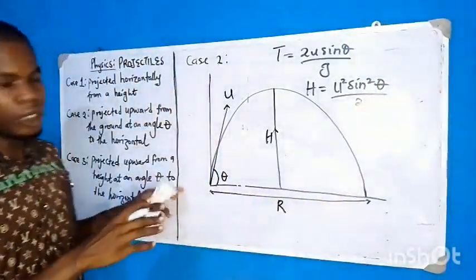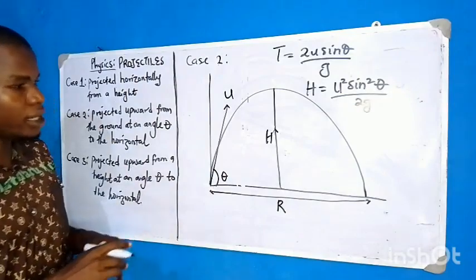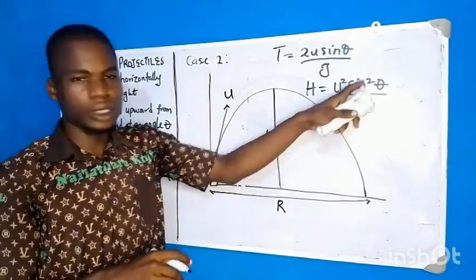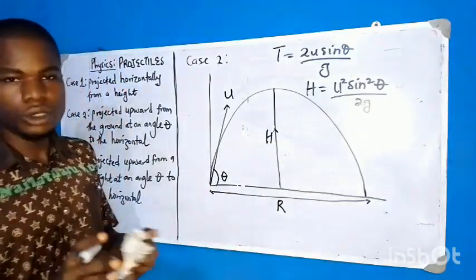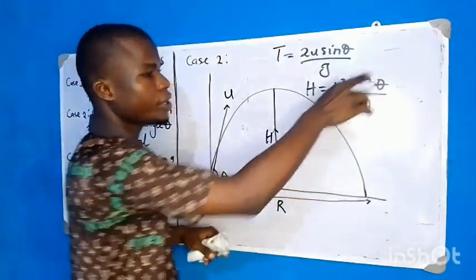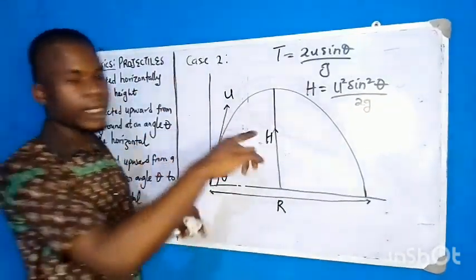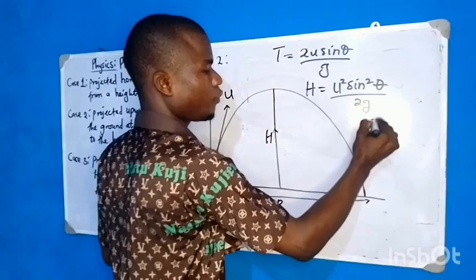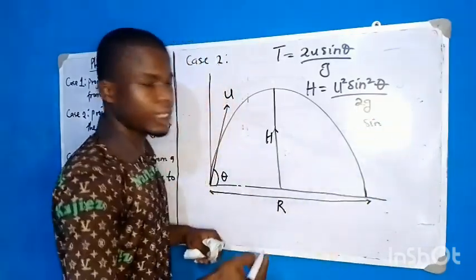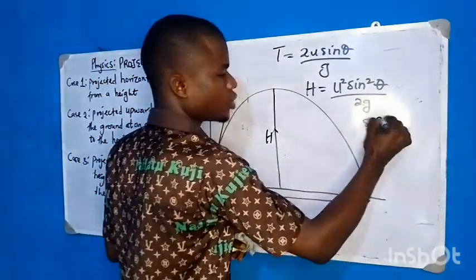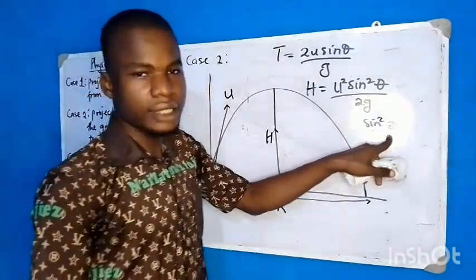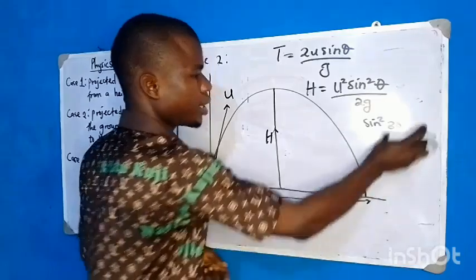When you are asked to find the maximum height, you use u squared sine squared theta over 2g. Some students make the mistake of squaring the angle. Please, you don't square the angle, you find the sine of your angle. Let's say we are looking at sine squared 30. First we find sine 30 and then we square our solution.